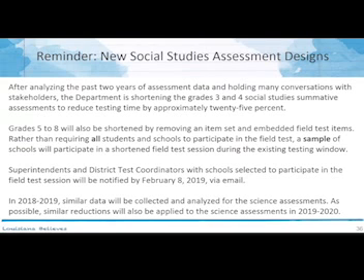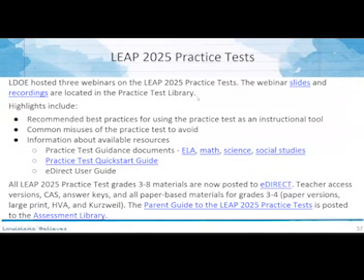Those emails will come from me to superintendents and to you all to let you know which of your schools was selected and which grade was selected. This year, we will also collect and analyze data for our science assessments, and so we will be looking to see if similar reductions could be applied to the science assessment next school year.